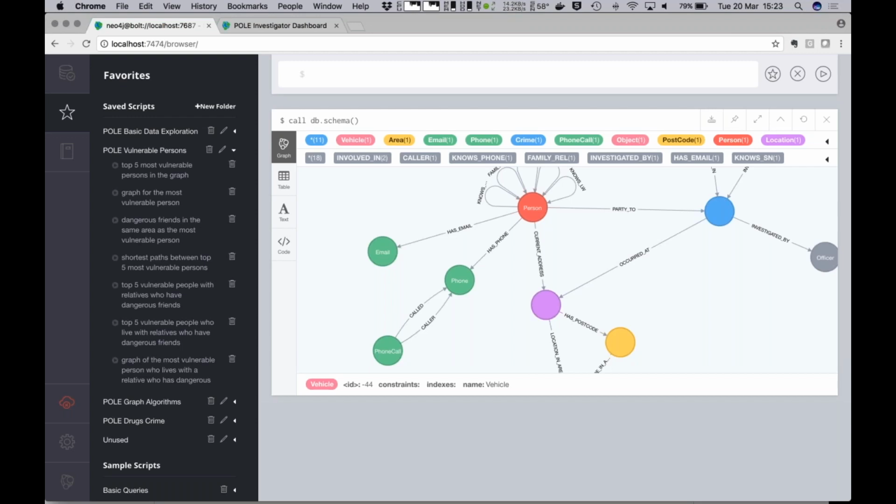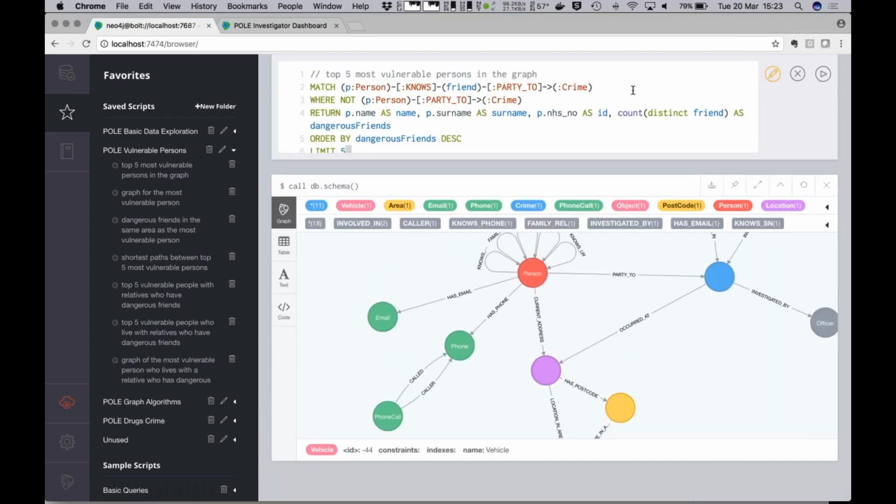We're defining vulnerable people here as people who are in our graph who are not themselves associated with crime, but who have friends who are associated with crime. And the more friends you have that are criminals, the more at risk you are, right? It means that you might get involved in some of those crimes, you might be exposed to harm, and especially if you're a child, that might be a case where social services or the police might want to get involved.